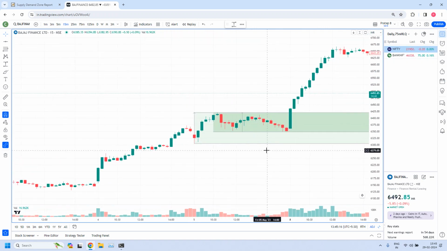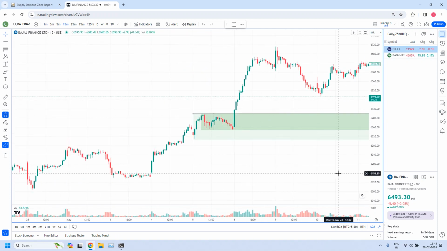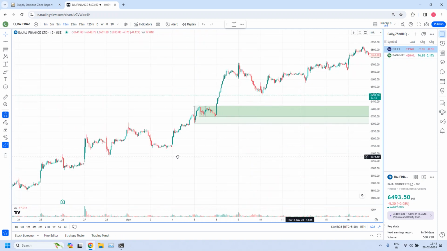Look into the structure. We have base candles 2, 3, 4, 5, 6, 7, 8, 9, 10, 11. See, so many base candles. When this many base candles are there, what will happen to the zone? The zone will be violated. I'm not even looking into 5 minutes.